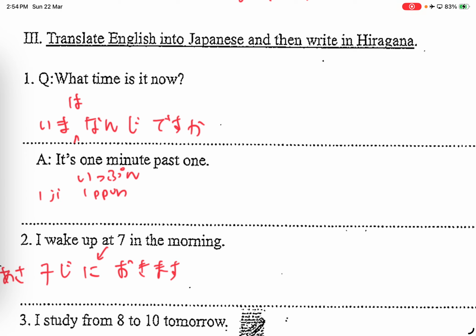今何時ですか? So do we need a wa over here? 今は何時ですか? I'll leave it as optional. If you want to emphasize about now, we put the wa because the wa is the subject particle.